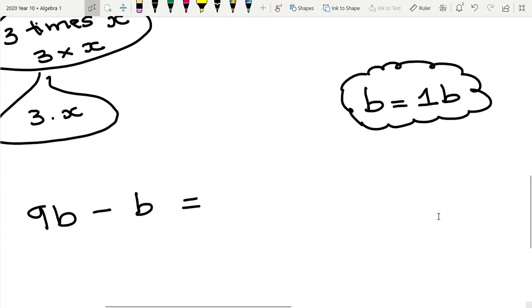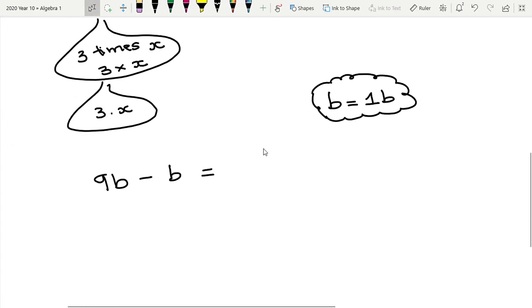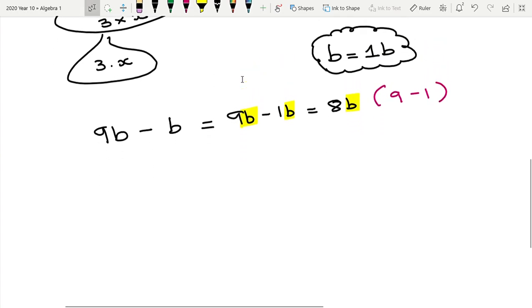In fact, 9b minus b is going to be 9b minus 1b, which is 8b. You see that? Again, we do the same thing here. We keep the b for ourselves and we just do 9 minus 1, which is 8.